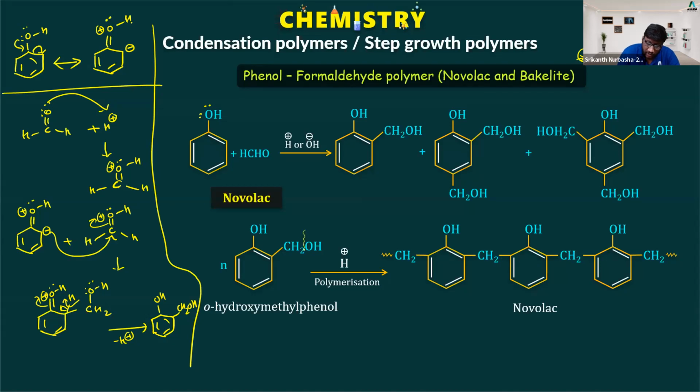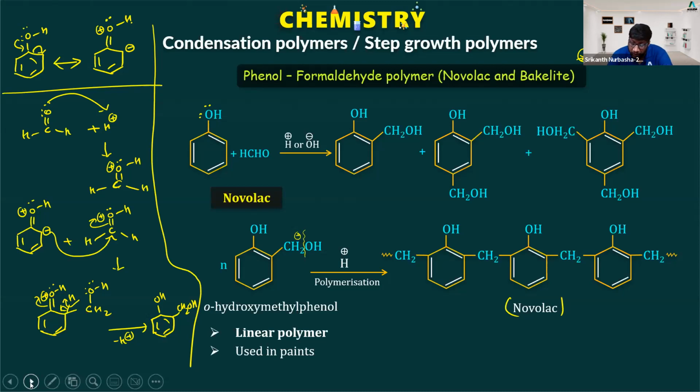If this OH bond is cleaved, that is, the CO bond is cleaved, this carbon gets a partial positive charge that will act as the electrophile and gets attacked by another molecule of phenol, thereby generating CH2, C6H3OH, CH2, C6H3OH, CH2, C6H3OH, CH2. This is repeated, which is nothing but your novolac. The linear polymer of ortho-hydroxymethylphenol is called novolac, and it is used in paints mostly.